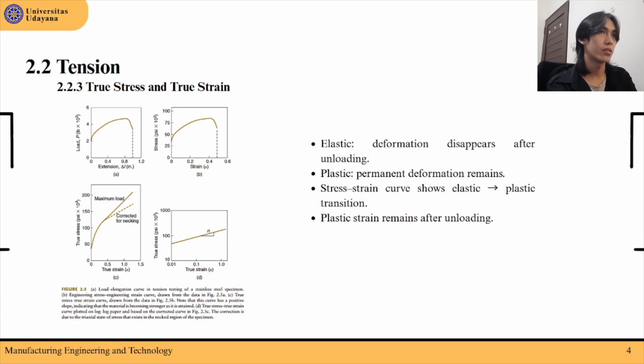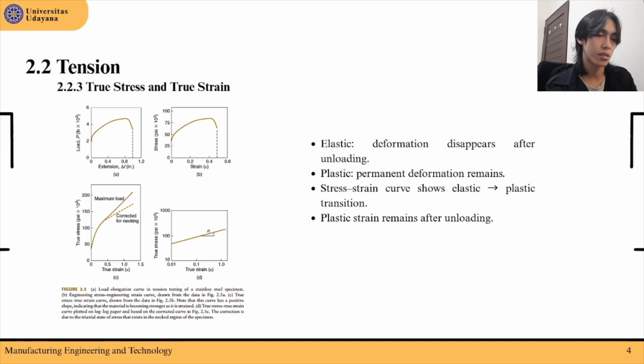Okay, still tension, true stress and true strain. True stress and true strain tell us about the elastic region, where deformation disappears after unloading. In the plastic region, permanent deformation remains.